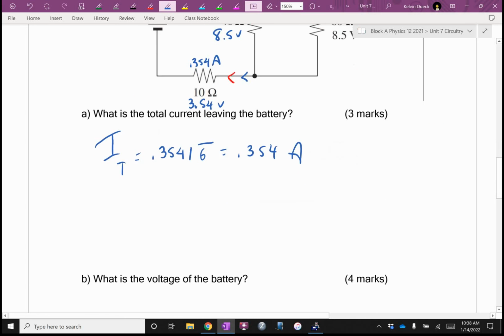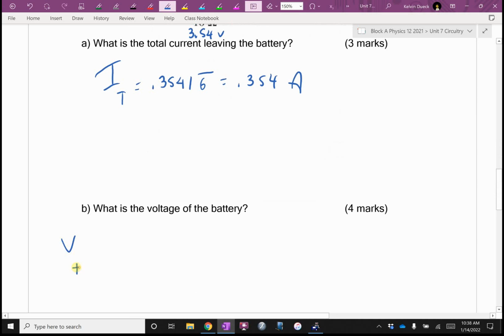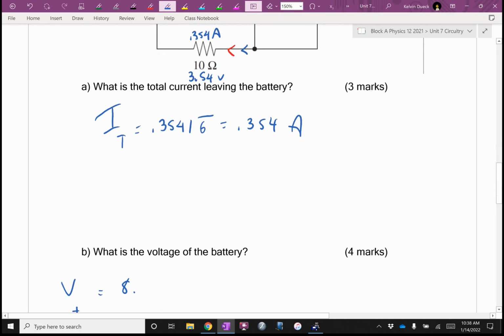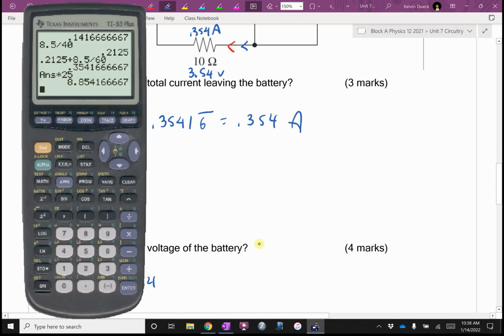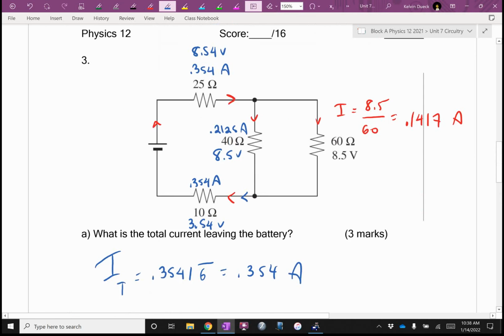So I guess the total voltage is going to be 8.854. Didn't even write it right, Mr. Dewick.